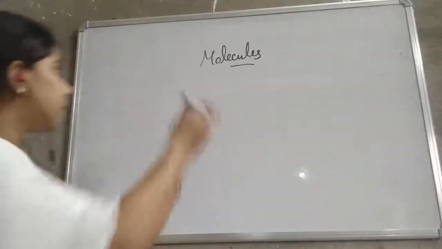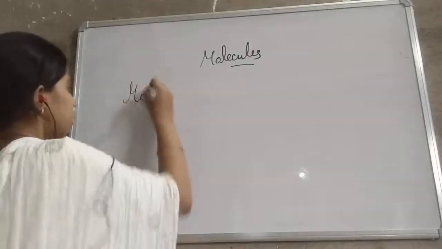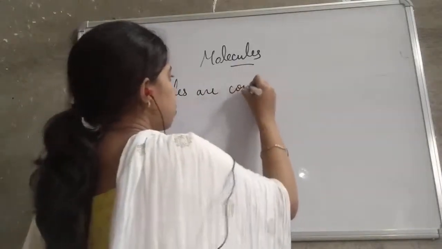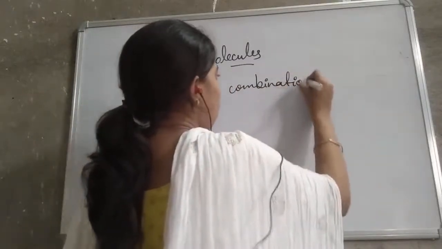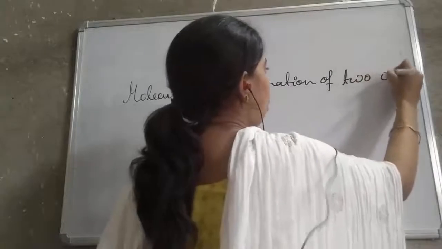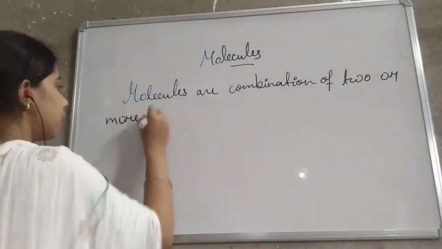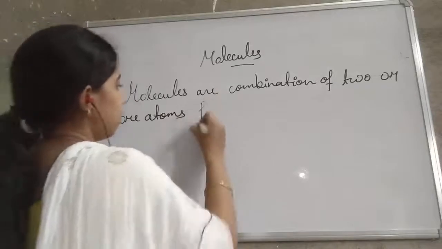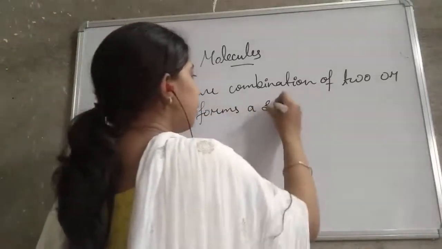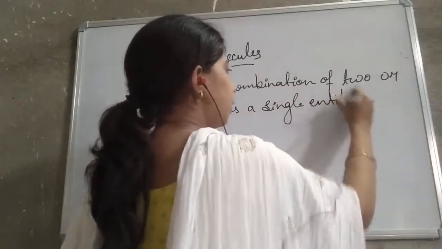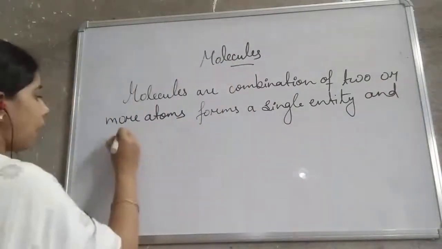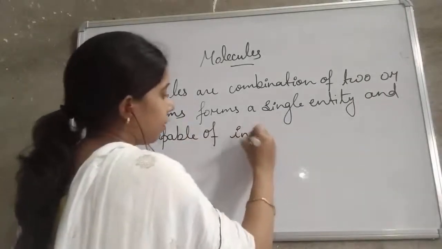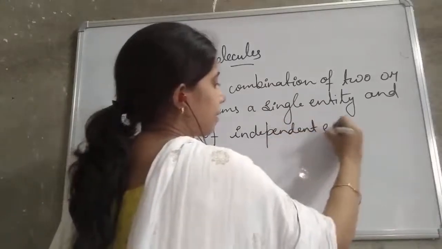Okay, so we can say that molecules are a combination of two or more atoms, which when they combine together form a single entity and are capable of independent existence.